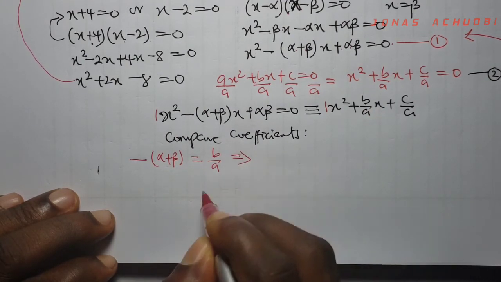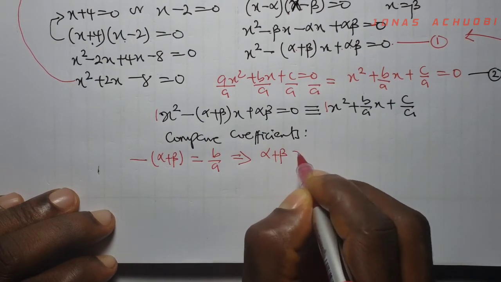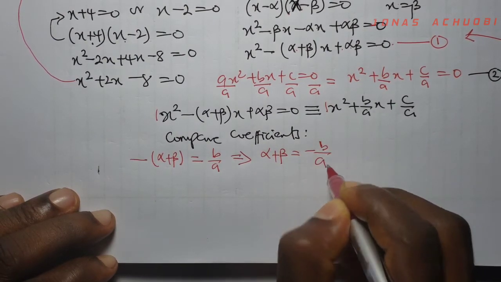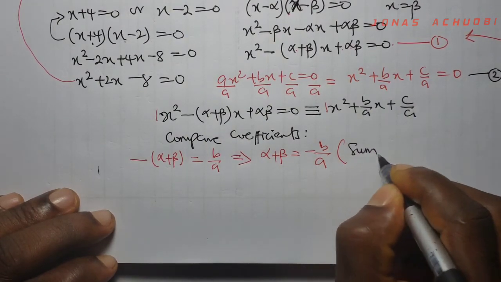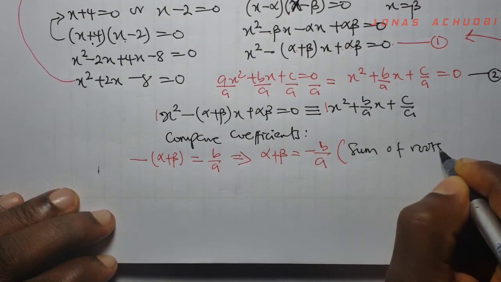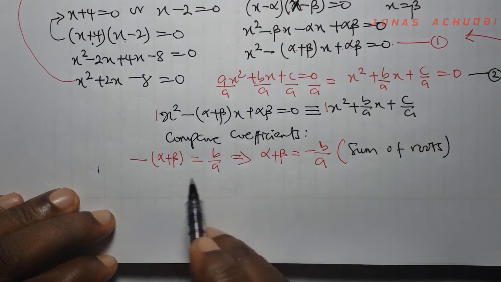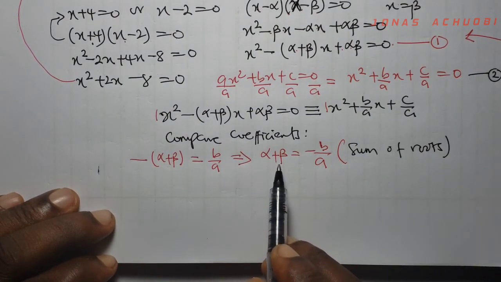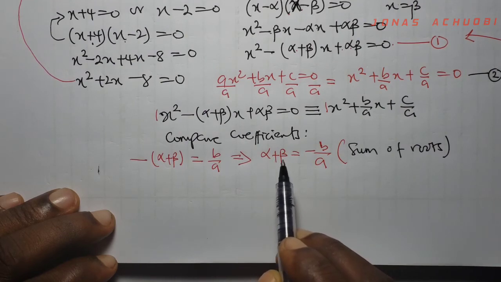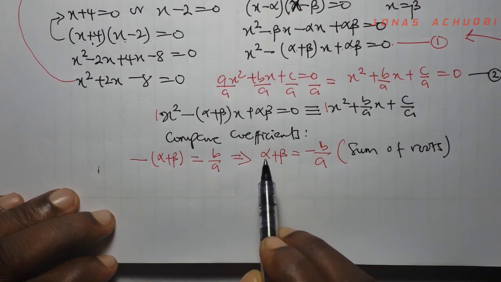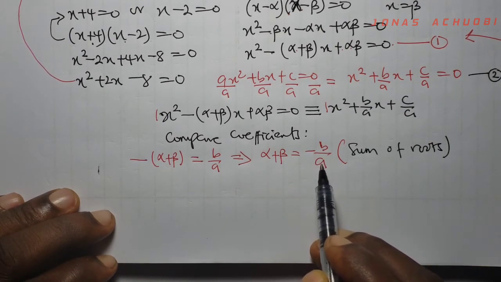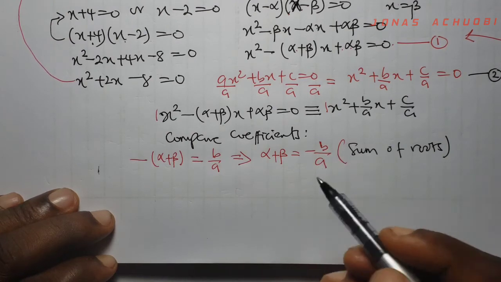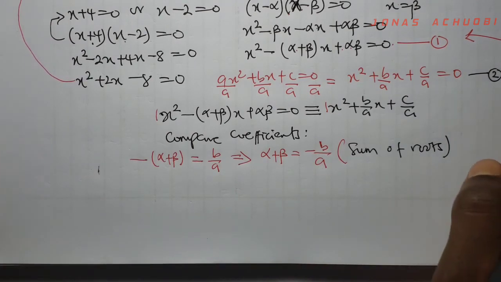So we can rearrange this to write alpha plus beta equal to minus b over a. And this is what we refer to as the sum of roots. Recall we had said that alpha and beta are the two roots of the equation. So we are saying that when you add the two roots, alpha and beta, it is the same thing as minus b over a. Of course, where b and a are the constants of the equation given to us.